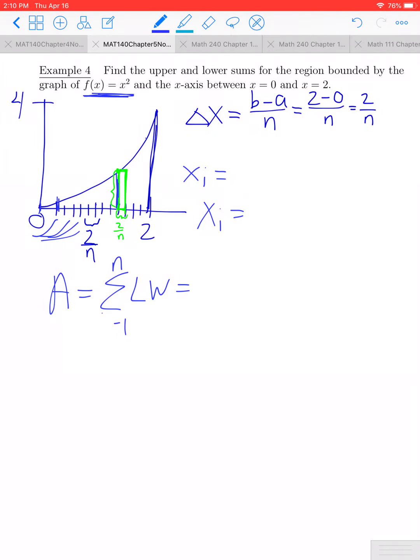So we would need to start, first of all, at 2 over n. That would be our first one. And then as i changes, it's just going to be 2 over n times i would be our representation of our right endpoint.